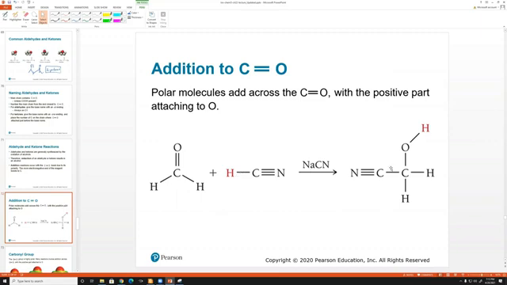What happens is the hydrogen becomes a partial bond, and the hydrogen is an electrophile and the oxygen is a nucleophile. It looks for hydrogen, finds it, strips it away, then this carbon becomes an electrophile for the cyanide.